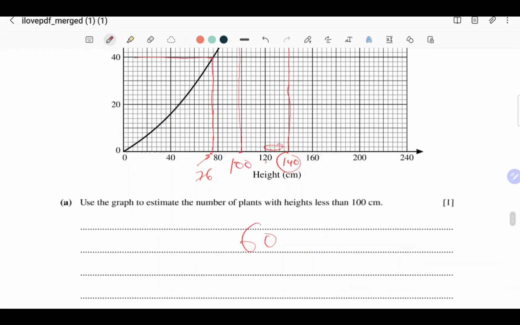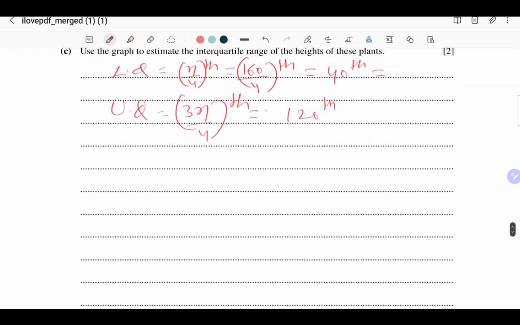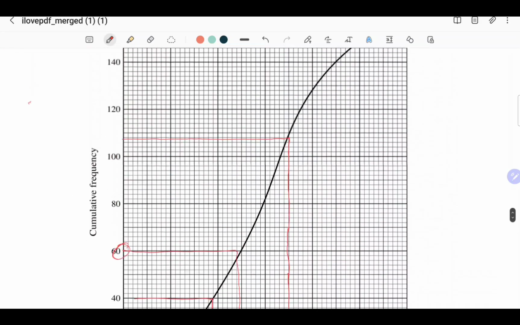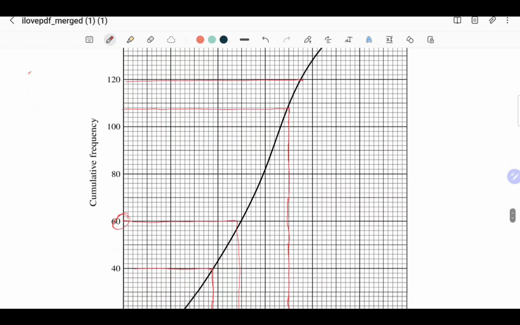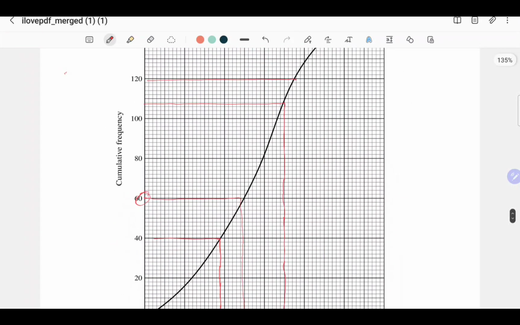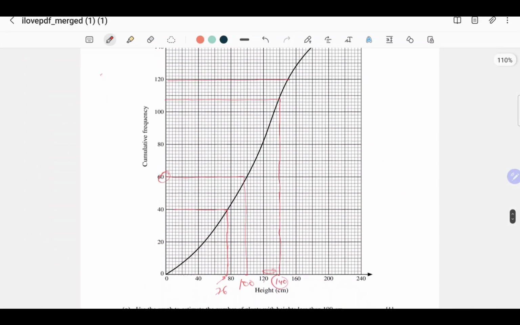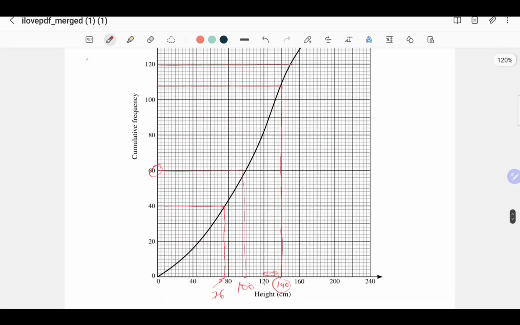Please check. And next is 120. 120 is this. Okay. Yeah, somewhere here it is like 150.